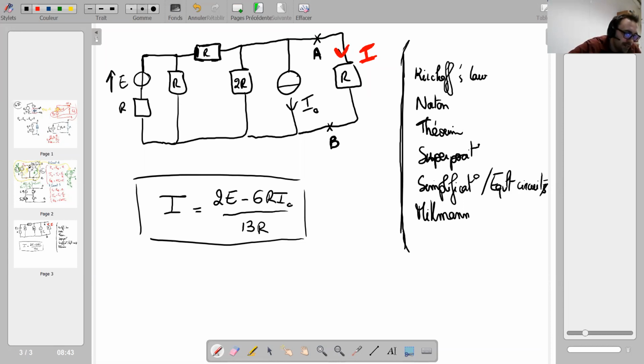We will practice these theorems directly during the labs, and physically we will demonstrate these theorems. So if you encounter any issue with one of these theorems, please let me know.